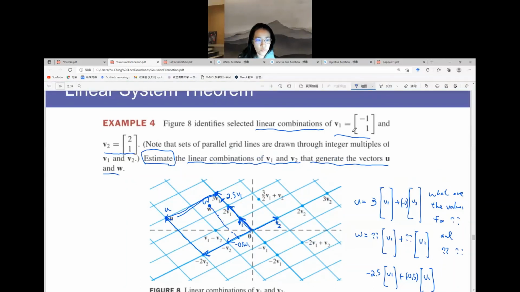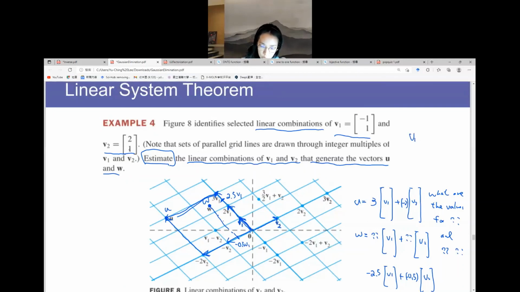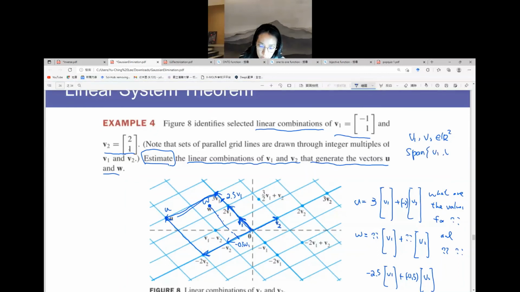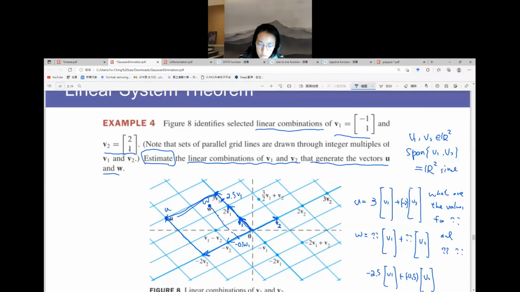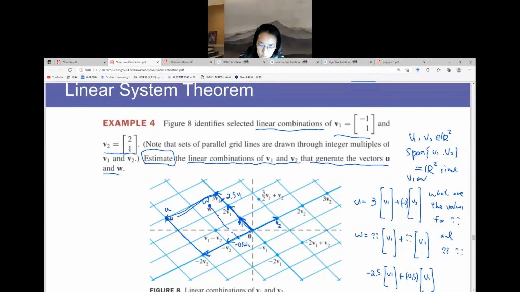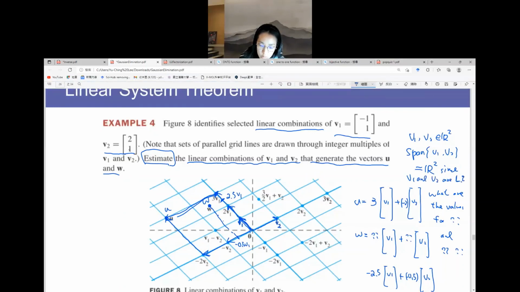And also you can see what would be the span of V1 and V2. Since V1 and V2 are in R2 space, V1 and V2 belong in two-dimensional real space. So the span of V1 and V2 is exactly R2, since V1 and V2 are linearly independent.